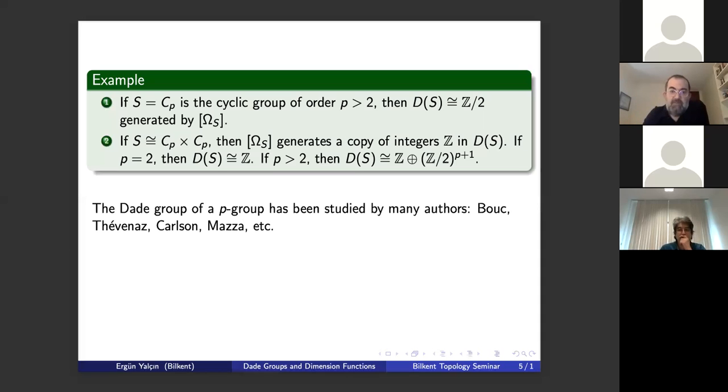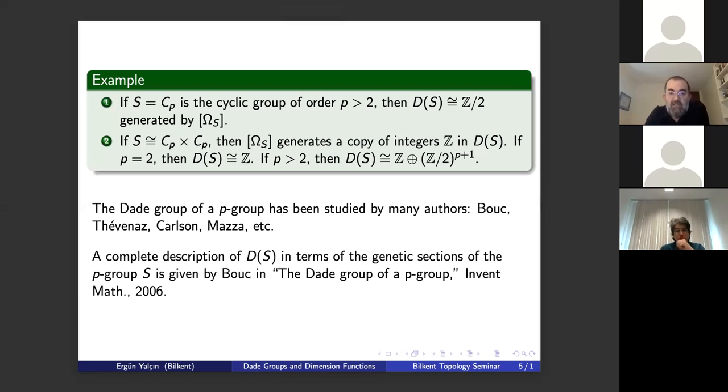So what people focused on later, mostly, I guess, was a paper by Bouc and Thévenaz. They focused on subquotients of P, and they realized that generators come from these subquotients, quotients of subgroups. So Dade groups of quotients of subgroups become generating the whole thing. Then they started finding relations among those subquotients, and that led to a notion of genetic sections.